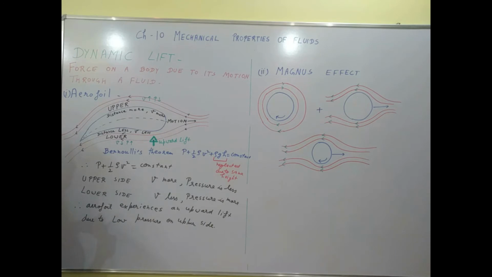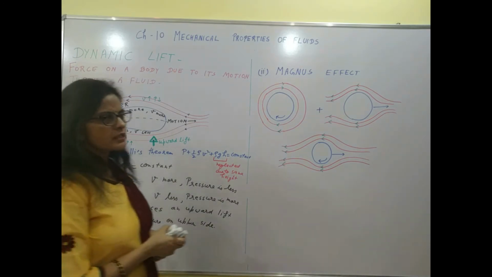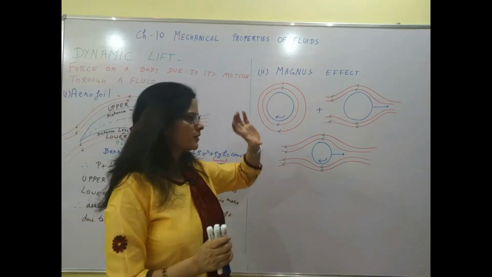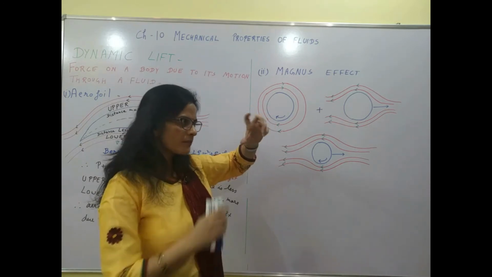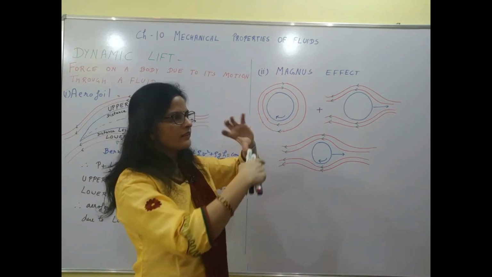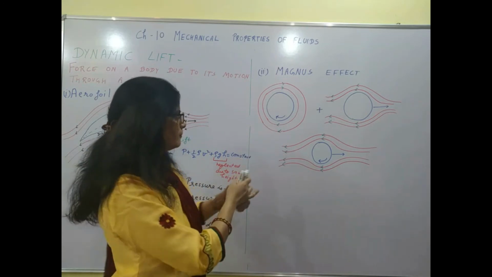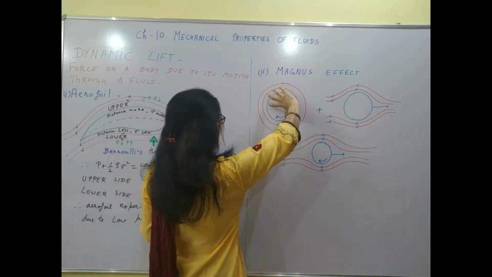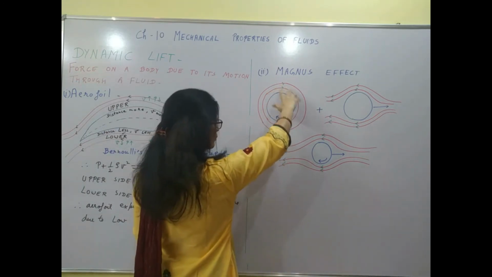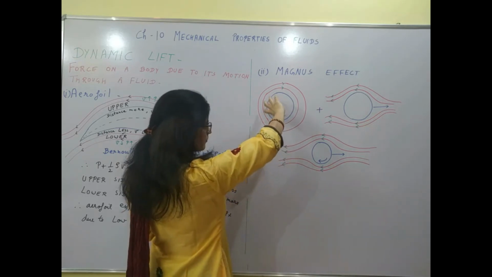Similarly, if we consider a ball which is simply spinning, simple spinning will drag the layers of the air around that ball, and these layers will be taken by this ball this way, and these layers will be taken by the ball this way.